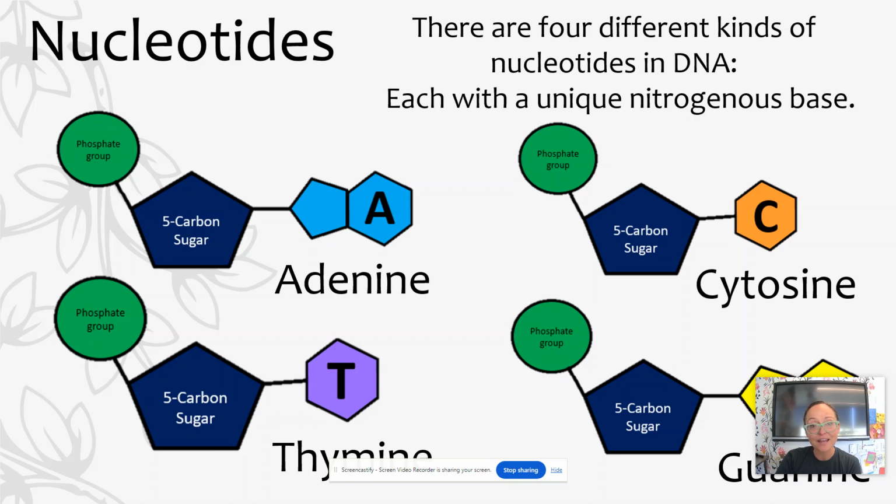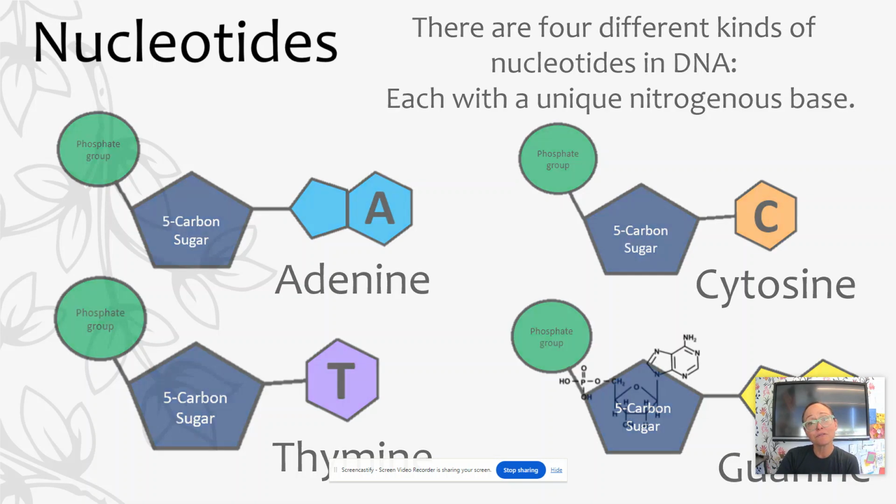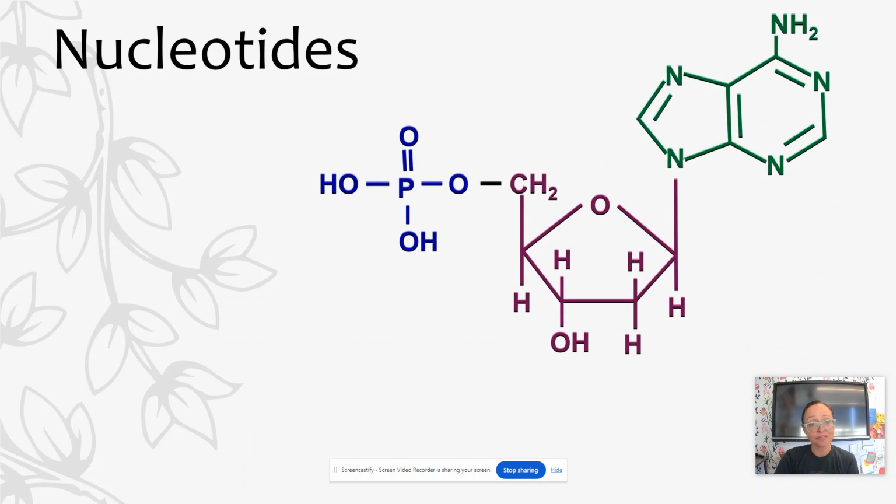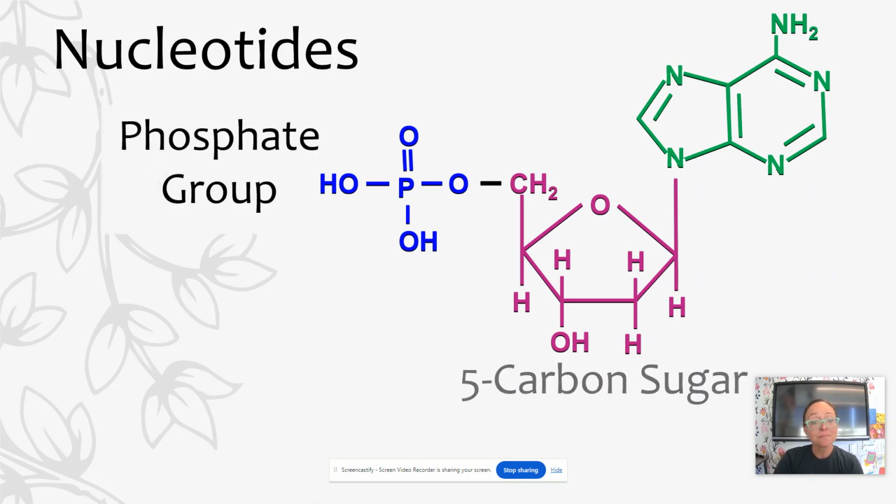When we look at nucleotides, here I have little cartoon shapes, but really they're made of a bunch of elements or atoms joined together into a nucleotide. If I look here, I can see my phosphate group, my 5-carbon sugar, and the nitrogen base.